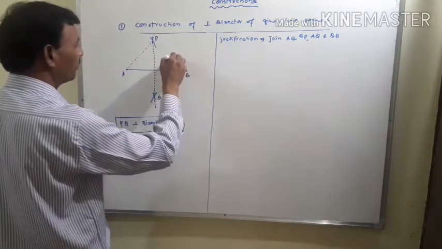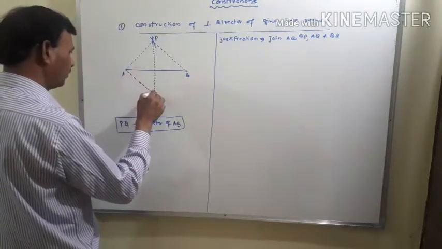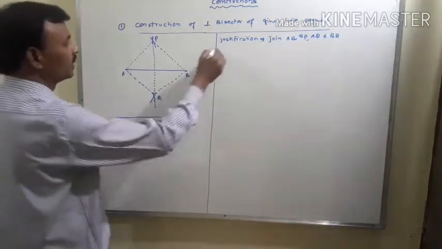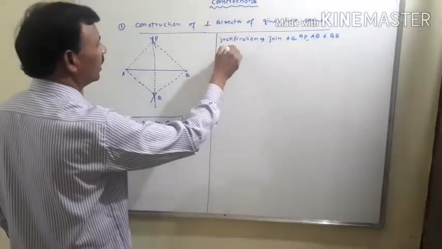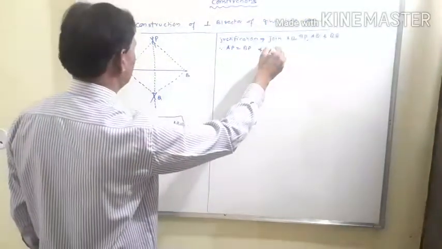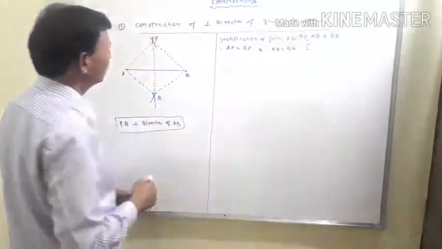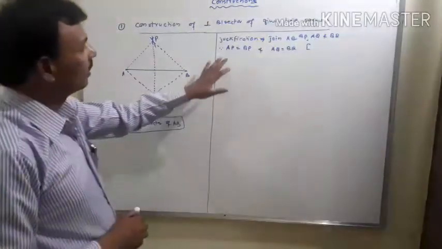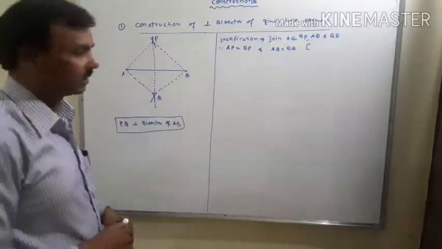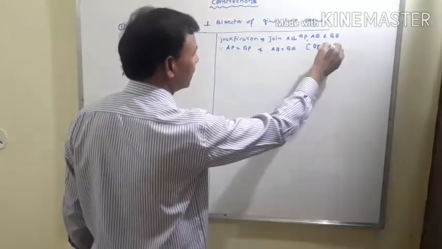Since AP equals BP and AQ equals BQ, the reason is that these arcs are cut with the same radius, that means they are equal by construction.